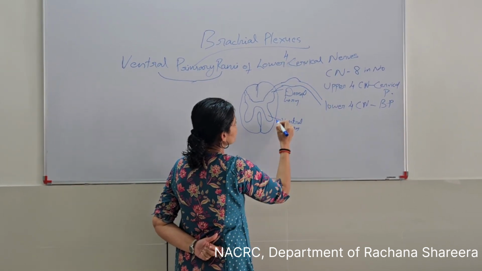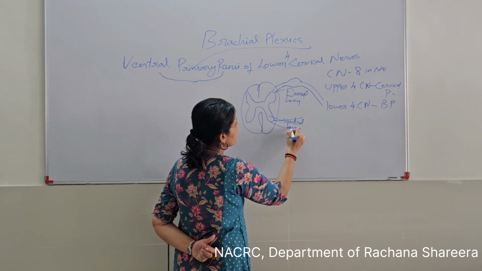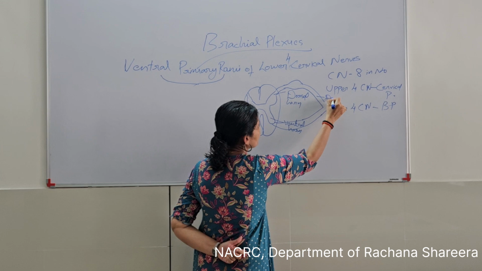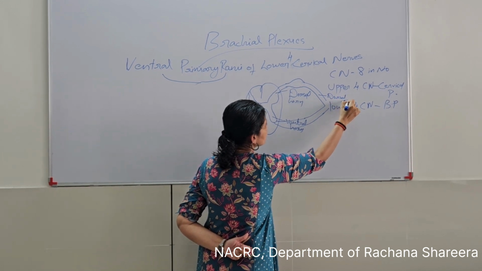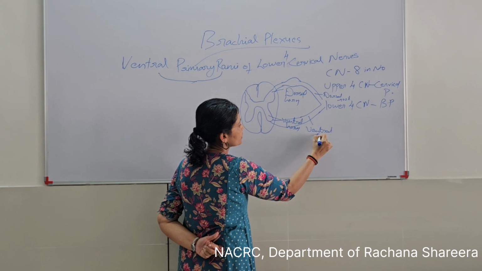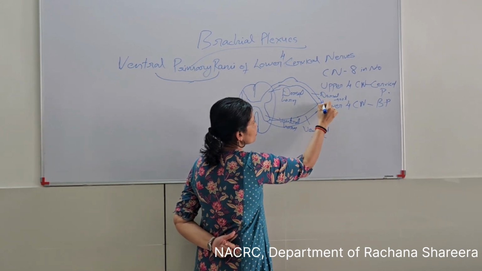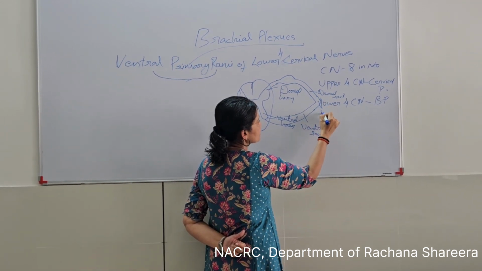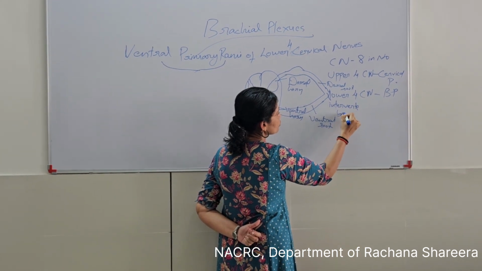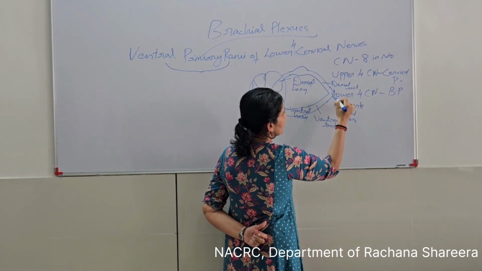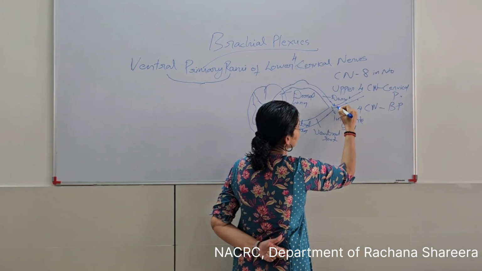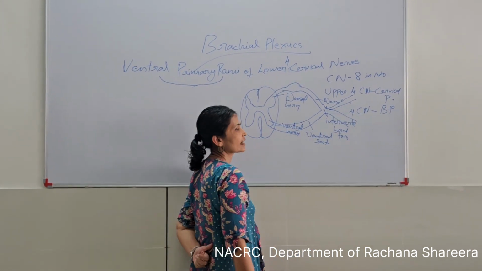From here arises the dorsal root, and from here arises the ventral root. Now these two roots unite in the intervertebral foramen, and from here it exits as the two rami.